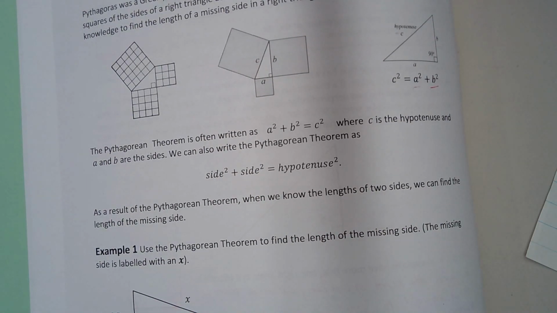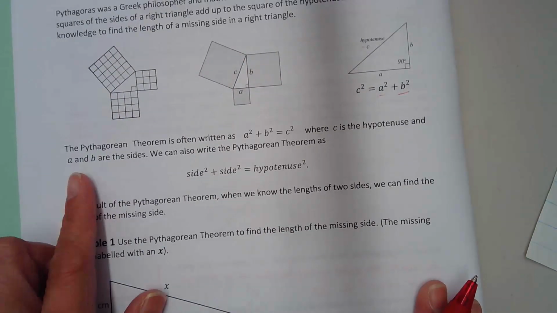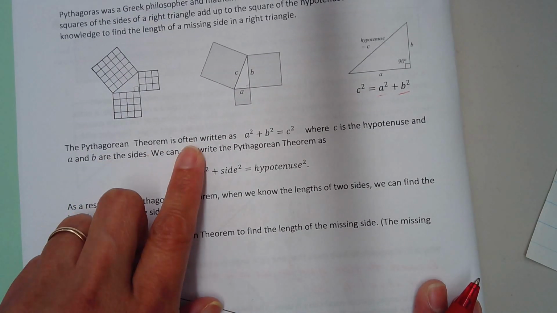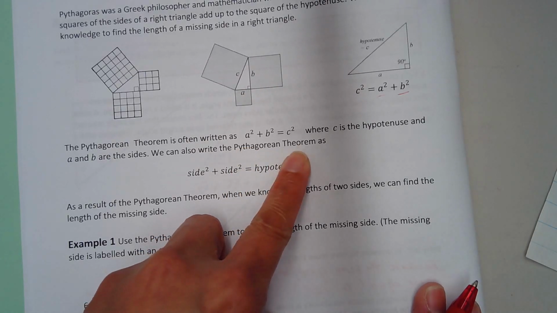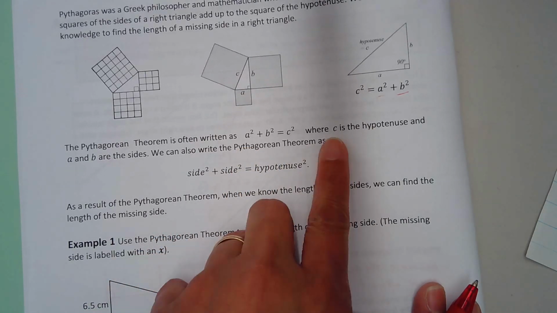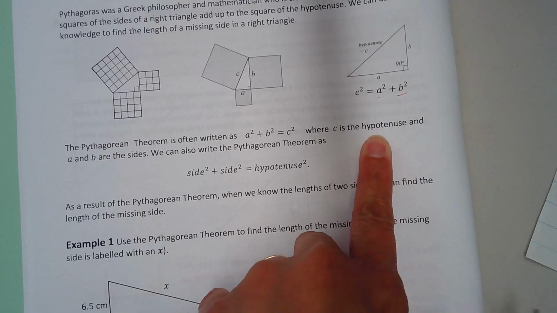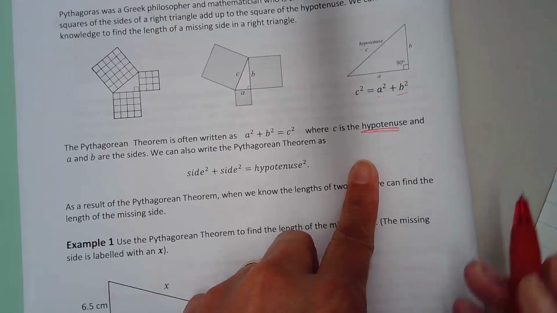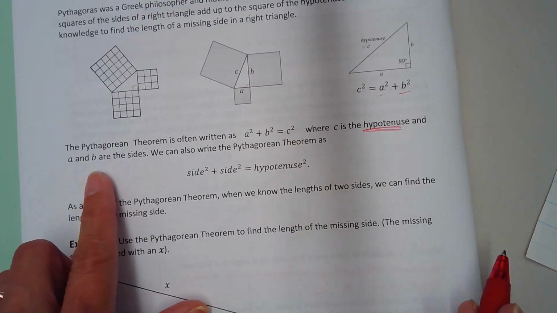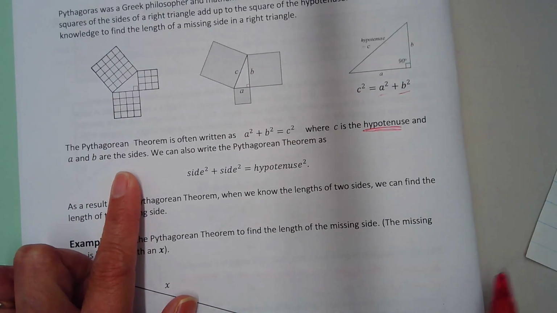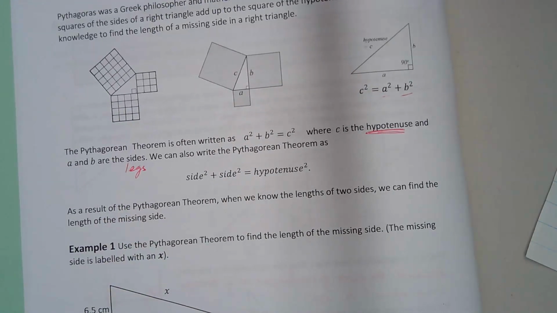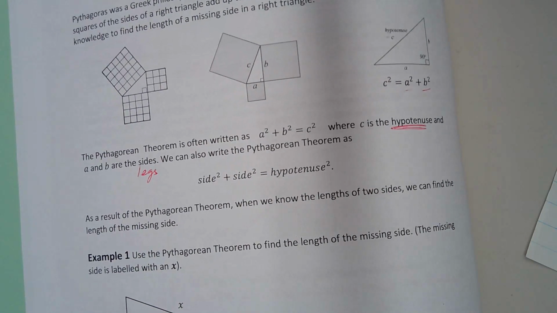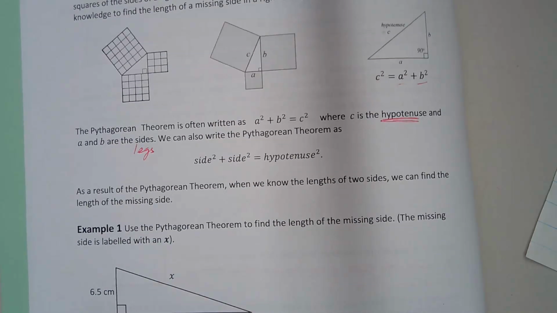That's the Pythagorean theorem. So it says here, the Pythagorean theorem is often written as a squared plus b squared equals c squared, where c is the hypotenuse and a and b are the sides or legs. So let's put legs to be consistent with the terminology.